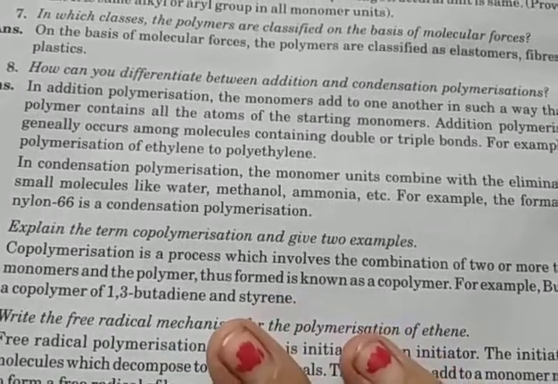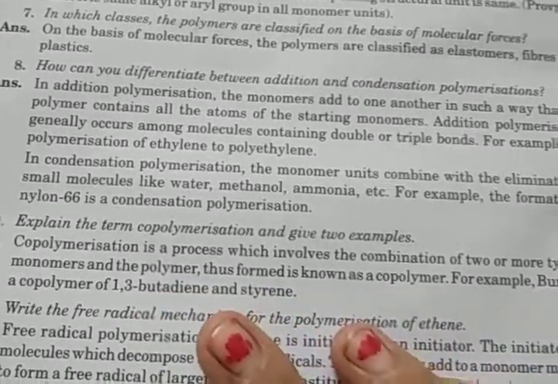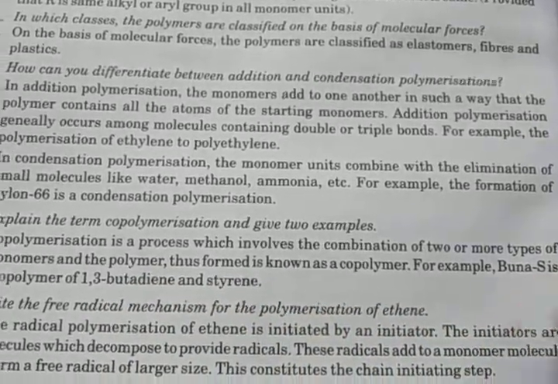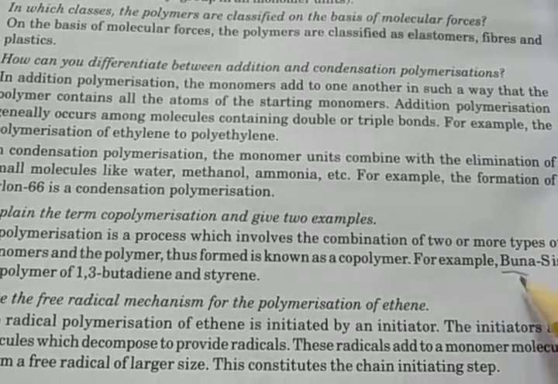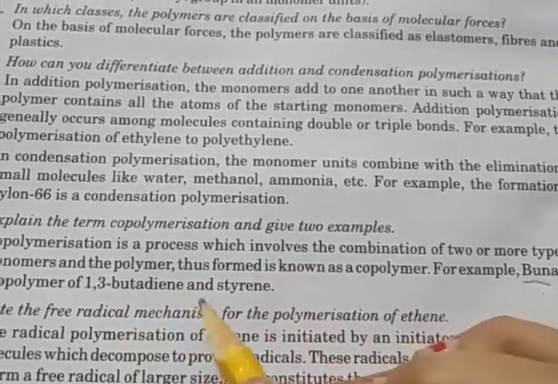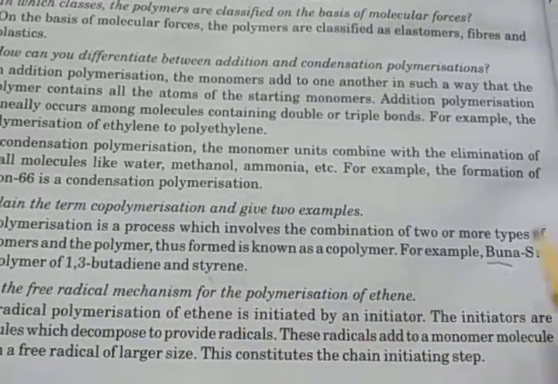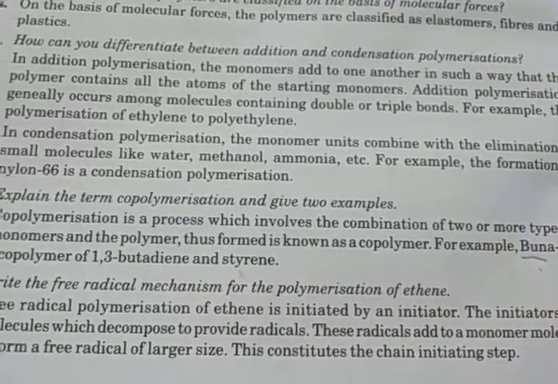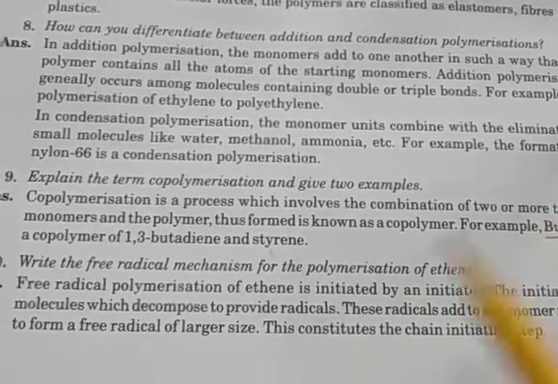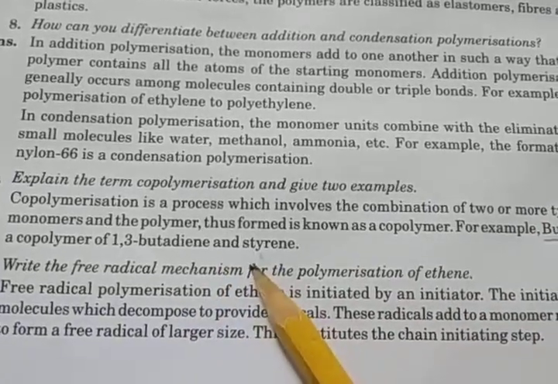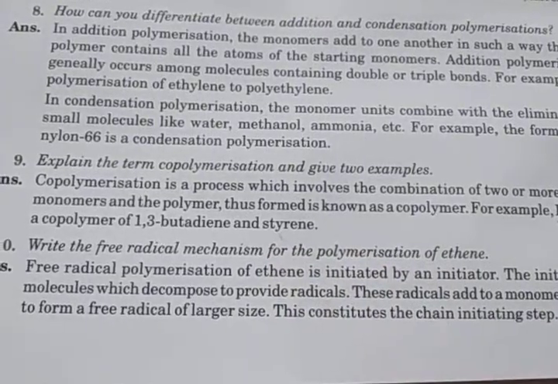Both are monomer units, and when they are combined, Buna-S is formed. Here the name Buna is related to 1,3-butadiene, and S is related to styrene. So Buna-S is a copolymer of 1,3-butadiene and styrene.